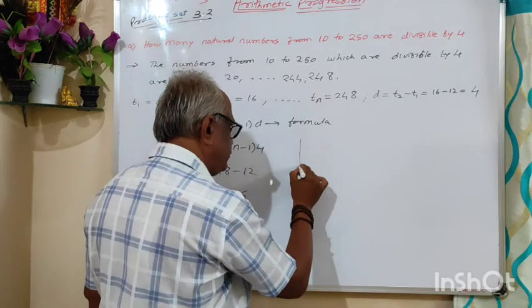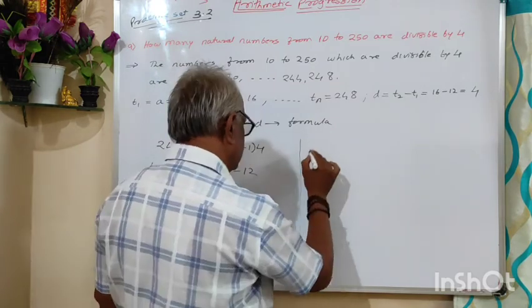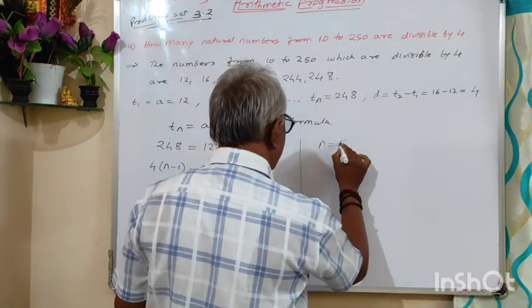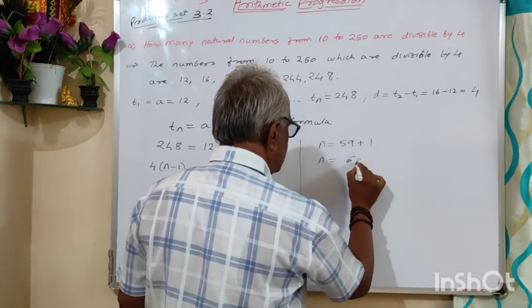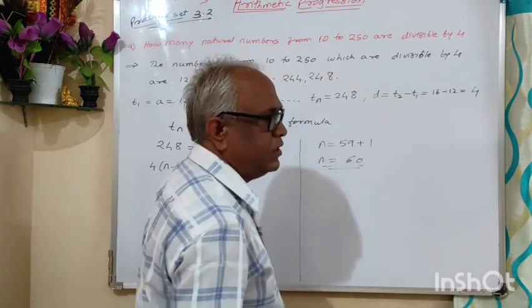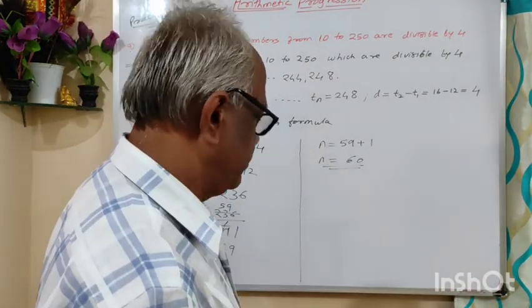Therefore n is equal to 59 plus 1. Therefore n is equal to 60.